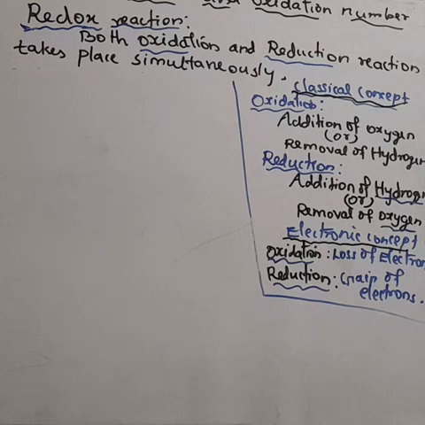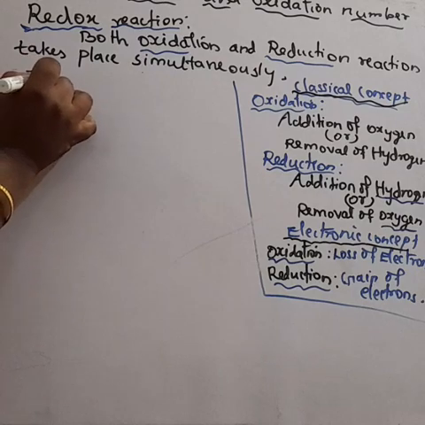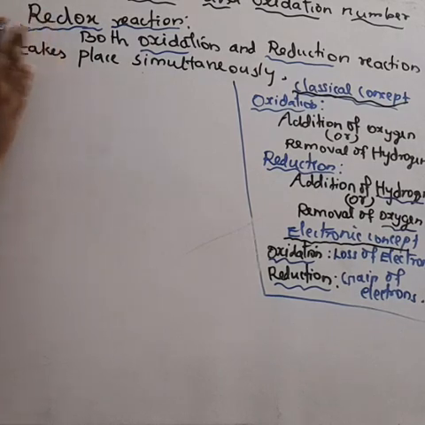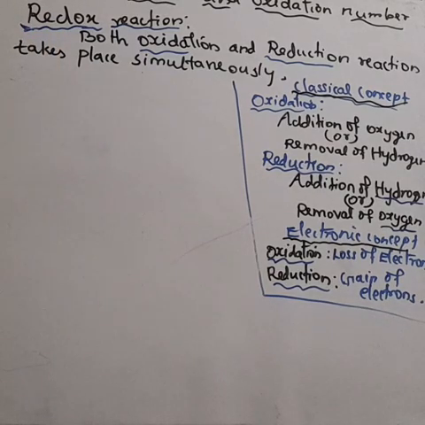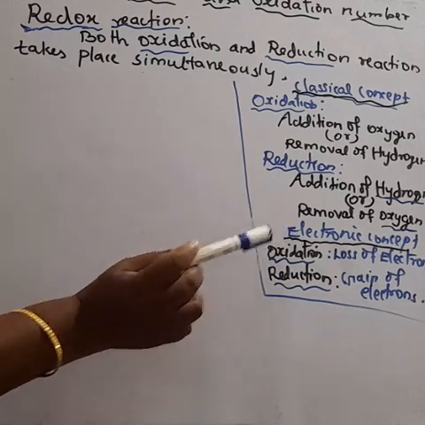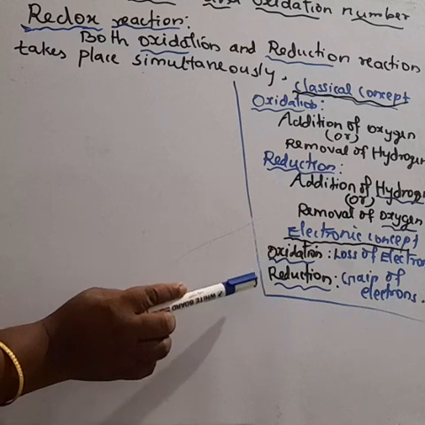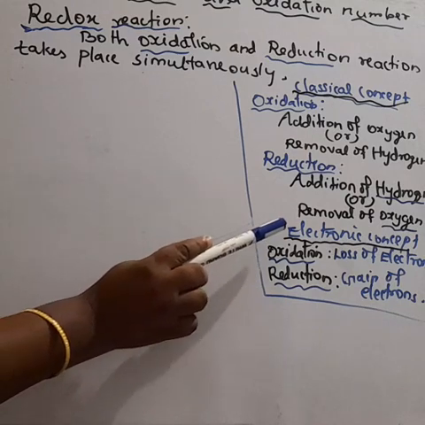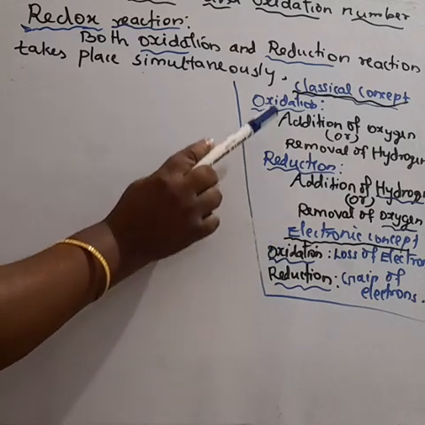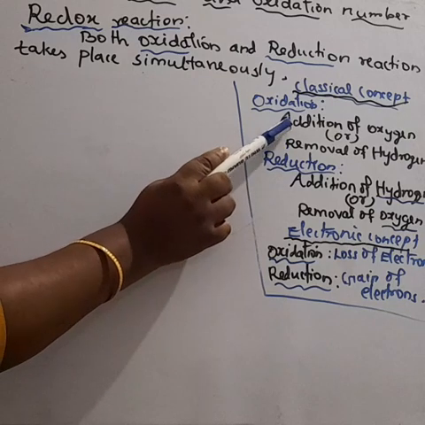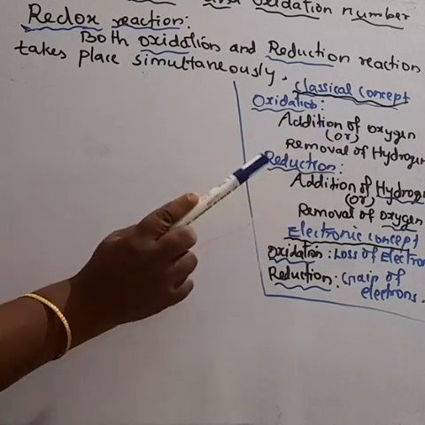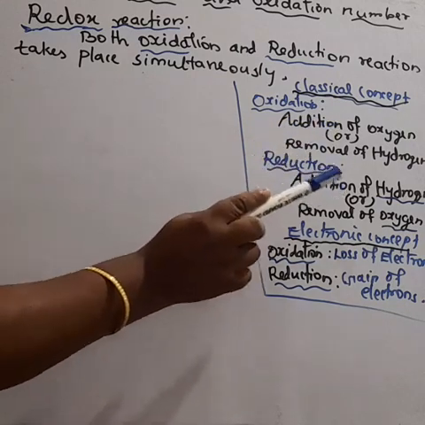Now another concept, the electronic concept of oxidation and reduction, which gives another definition. According to the classical concept, oxidation means addition of oxygen or removal of hydrogen, and reduction means addition of hydrogen or removal of oxygen.